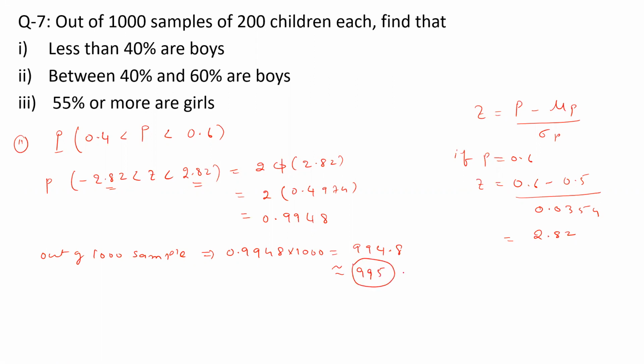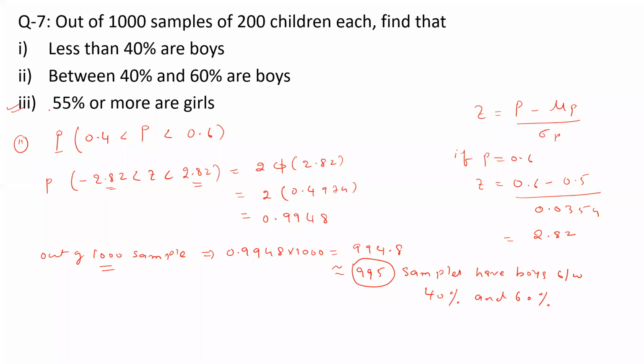So out of 1000 sample, 995 samples have boys between 40% and 60%. 995 samples have boys between 40% to 60% out of 1000 sample. This portion. All right. So I hope this part is clear.